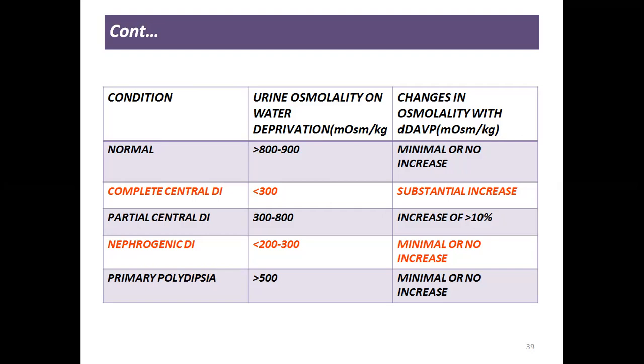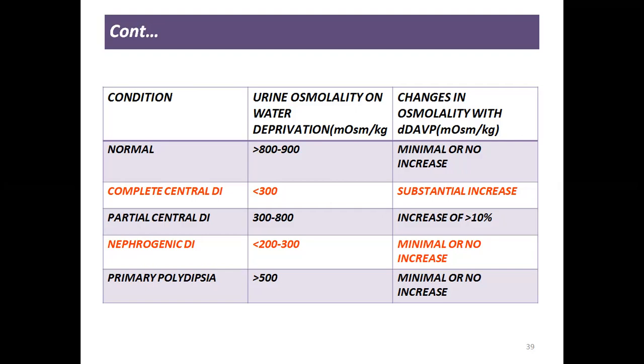In cases of central diabetes insipidus, we'll get an osmolarity less than 300 in water deprivation, and in case of vasopressin injected in central diabetes insipidus, there would be a substantial increase in the osmolarity in response to vasopressin. If partial central diabetes insipidus is there, then the range changes to 300 to 800.